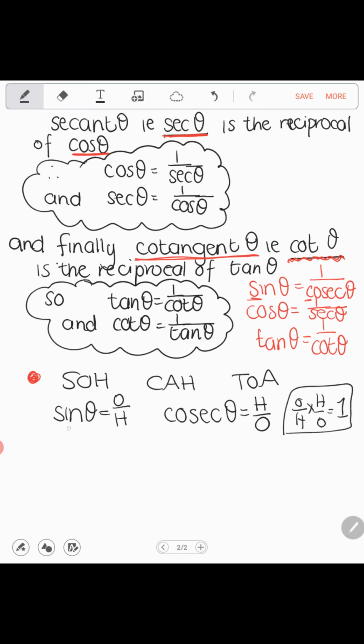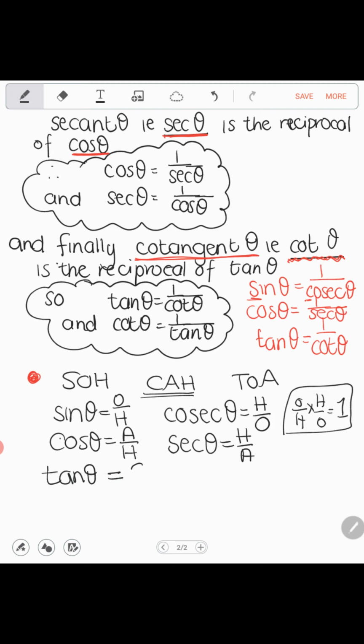And then cos theta is A over H, which means that its reciprocal, sec theta, is going to be H over A. And then finally tan theta, TOA, tan is O over A, which means that its reciprocal cot will then be A over O. Okay, so those are our reciprocal ratios, and you just need to remember which one goes with which.